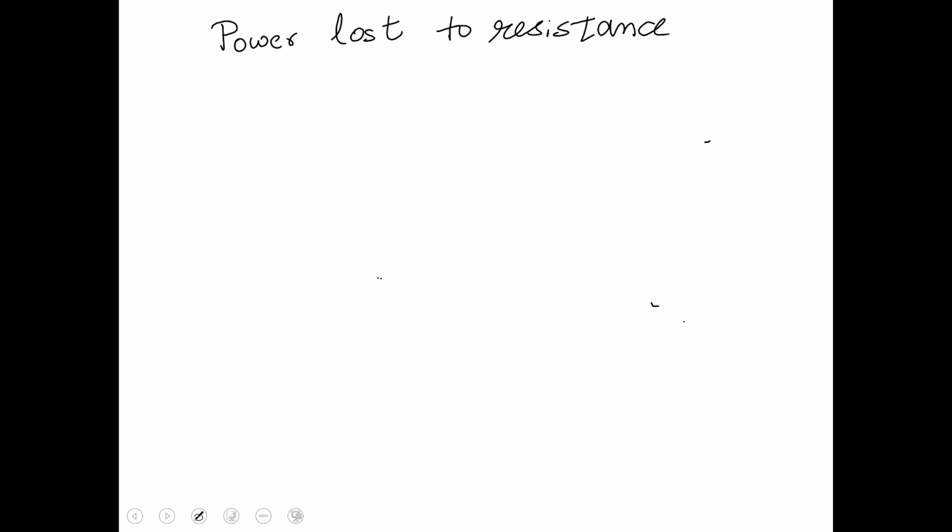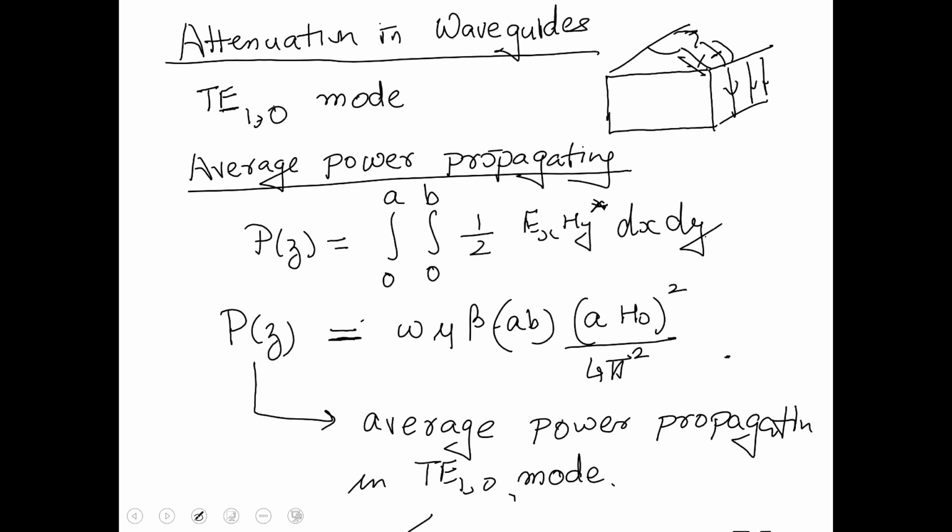The power loss due to the resistance is going to be twice the power lost on the bottom plate where y is equal to 0, plus twice the power loss. Whatever is the current flowing in the bottom plate is the same current flowing in the top plate.